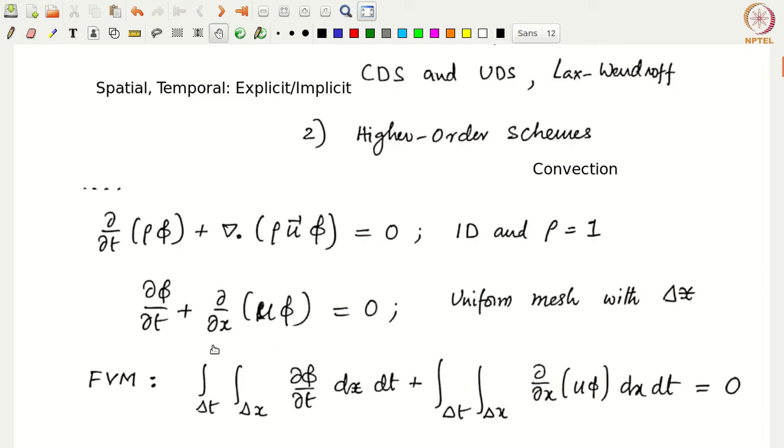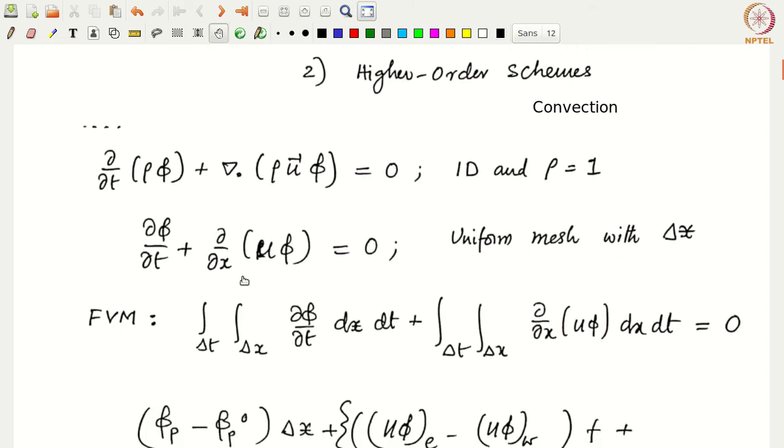Okay. Alright, now how do we solve this unsteady convection equation? Remember, we have done the unsteady diffusion equation a while back, in which we had to integrate it not only on the control volume but also on the time step, right? As a result, now we have to integrate both in volume, both in space and time for this particular equation.